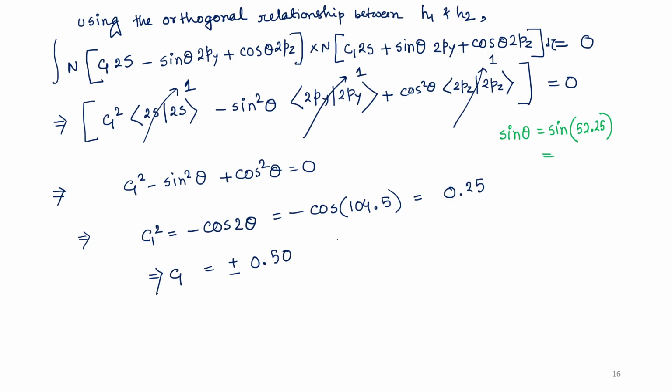Sine 52.25 degrees is 0.8, or actually 0.79, let me write 0.79. And cos theta, or cos 52.25 degrees, is 0.61.